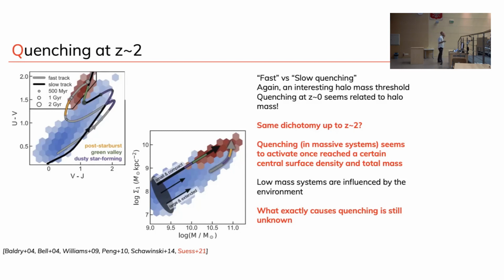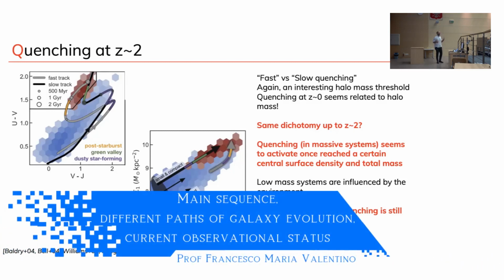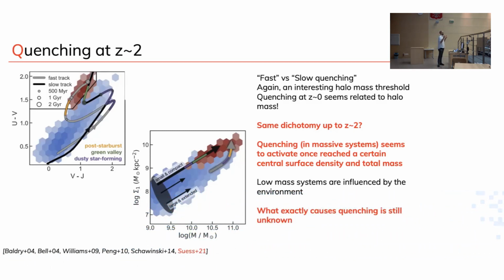We just have to keep in mind a little caveat here, that is, we cannot really follow galaxy evolution as a function of time. You cannot track the same galaxy, see how it becomes smaller, how it quenches, and so on and so forth. So you have to match populations. And you do that in some sort of smart ways. You try to connect, for example, galaxies that have meaningful number densities.